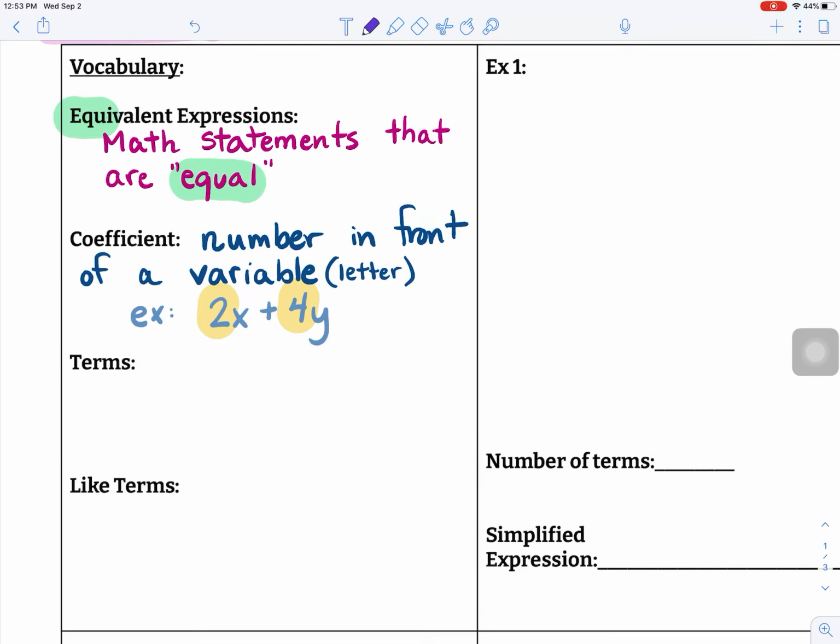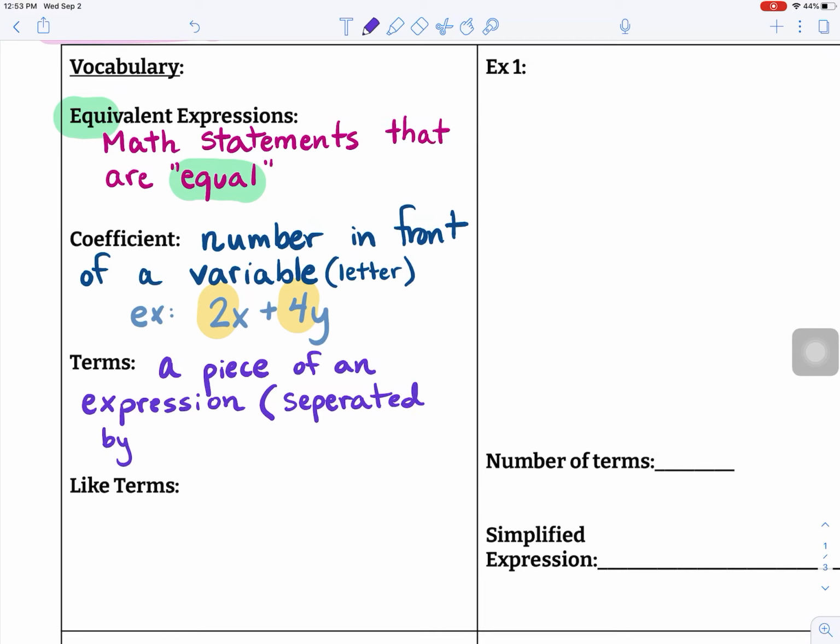Next, the building blocks of what an expression even is would be the terms. I always describe these as a piece of an expression, and the way you can tell what a term is, they're separated by the plus or the minus signs.